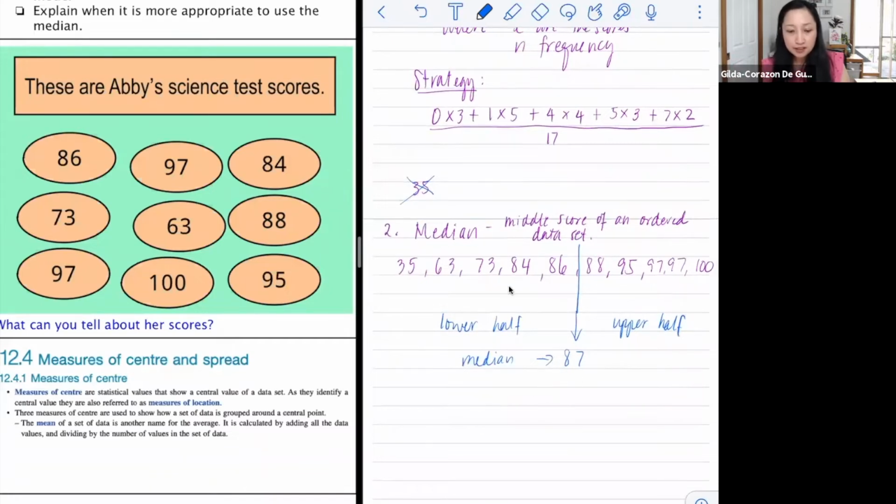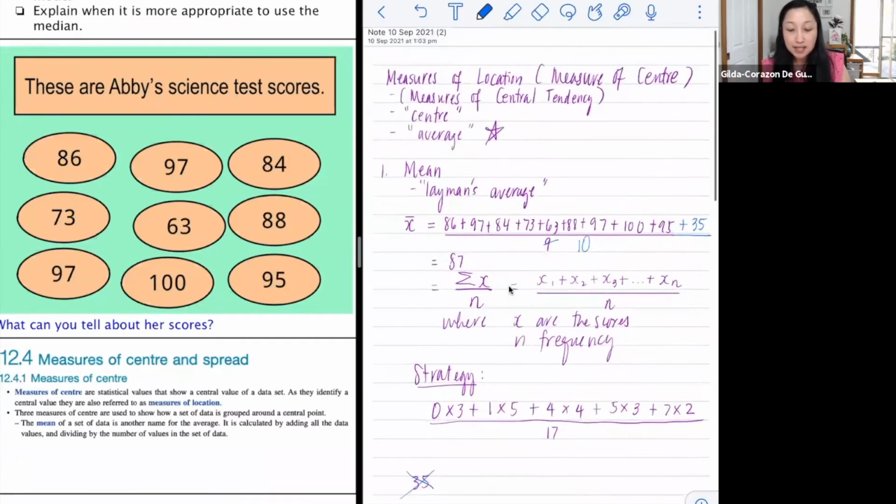But if we were calculating the mean, can someone add these for me, please, and then divide by 10? What did we get? If we considered 35 and used the mean, what would she have gotten as her average? It would have been 81.8, or let's say 82.